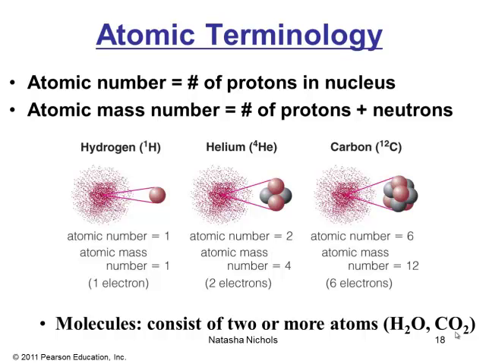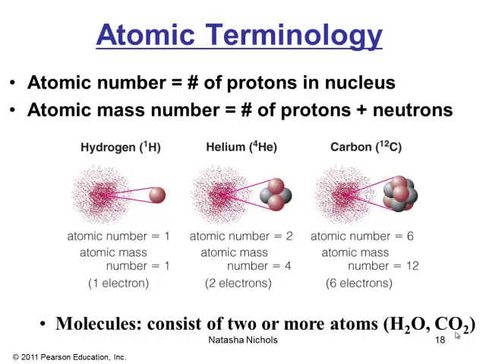Helium in the middle is written as capital H and little e, its atomic number is 2. It means it has 2 protons, and its atomic mass number is 4. So if it has 2 protons and a total of 4 protons and neutrons, then it must have 2 neutrons, which are represented in this picture as the 2 gray spheres for neutrons and the 2 red spheres for protons.